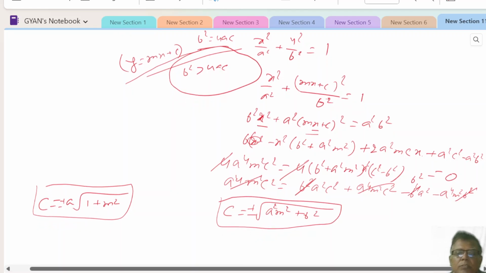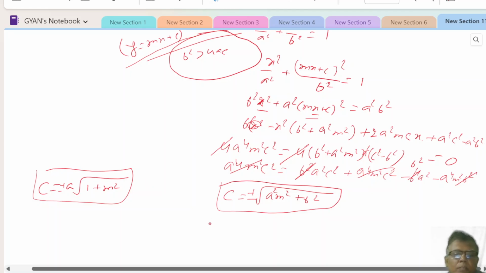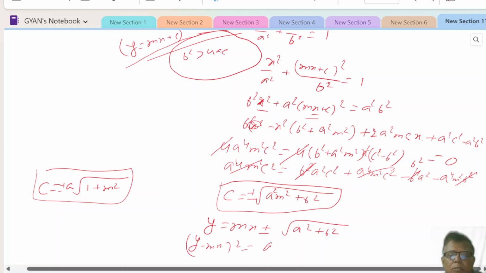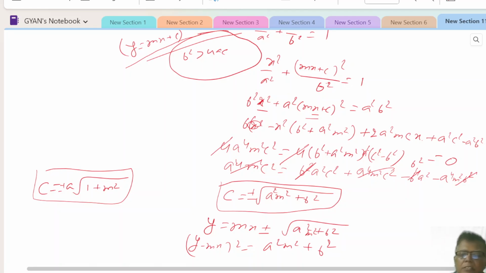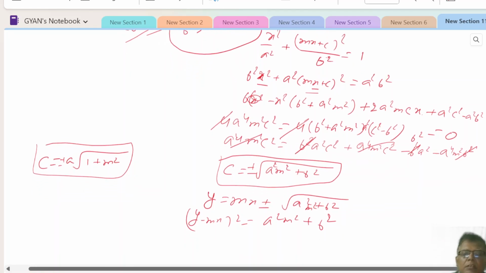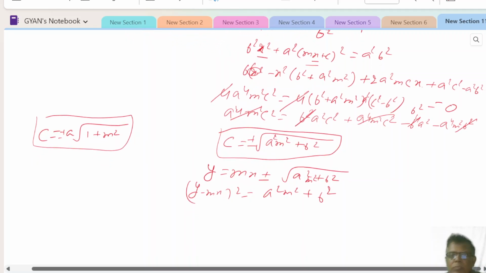Now the equation will become y is equal to mx plus minus root over a square plus b square. So if we solve further, y minus mx the whole square is equal to a square m square plus b square. So again this is a quadratic equation in m, and we can solve it further.